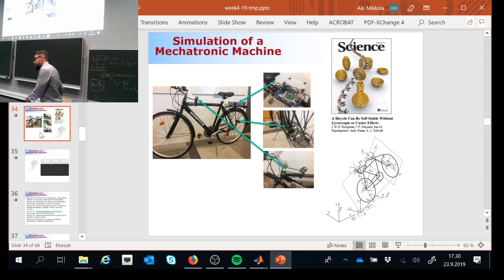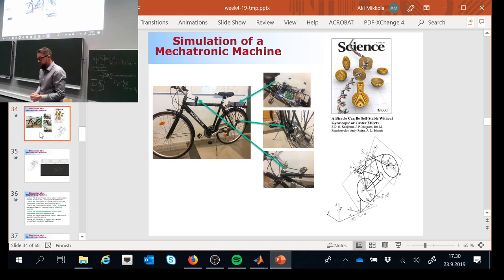You can push a bicycle to go forward, and it goes forward. And then you can run with your bicycle and push it sideways in a transverse direction, and it will start vibrating, but it will be stable. This vibration will damp down. That's because of the dynamic properties of the bicycle. And it's quite surprising how it behaves.